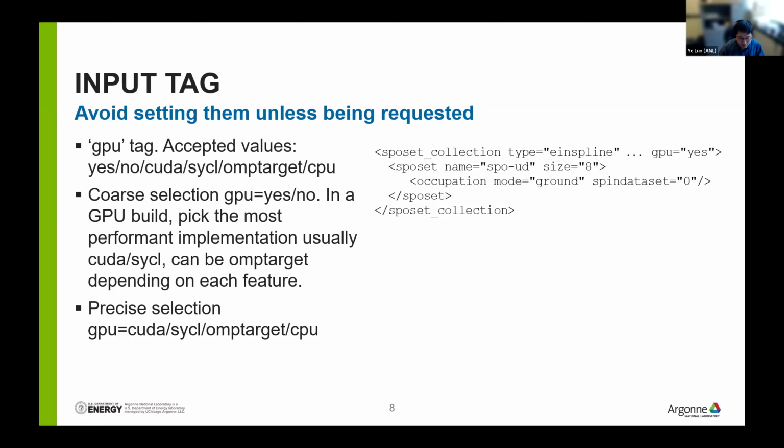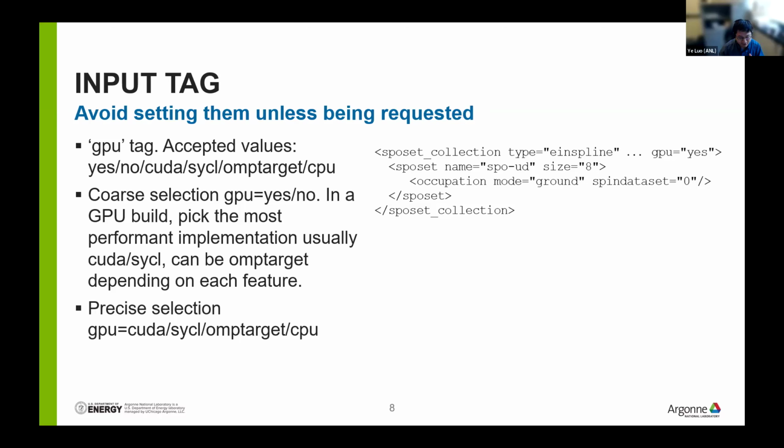Actually, for most users nowadays, if you build a GPU code, you should not set this GPU input flag. You should just leave it unset. By doing that, QMCPACK will decide the optimal performance implementation for you. This tag is mostly for certain scenarios. If you're running into an issue and we are helping you figure things out, we might request you to use this option to turn off the GPU acceleration for a specific component.